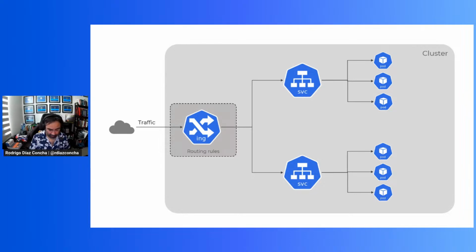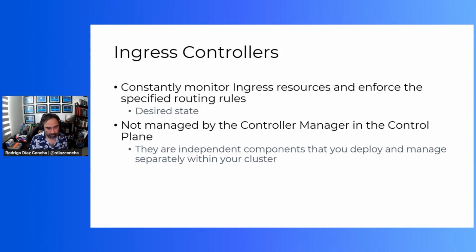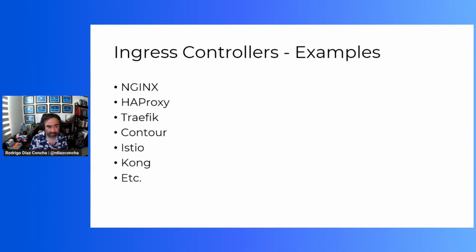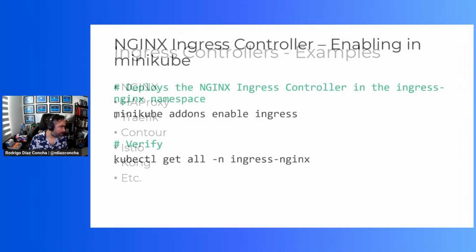Ingress controllers are the ones that are running all the time, watching the desired state of things, and applying the ingress object routes and rules that you specified. The most common ingress controller, I believe, is the Nginx ingress controller, so that's why we use that. Of course, there are many others, such as HAProxy, Traefik, Istio, and some others, okay?